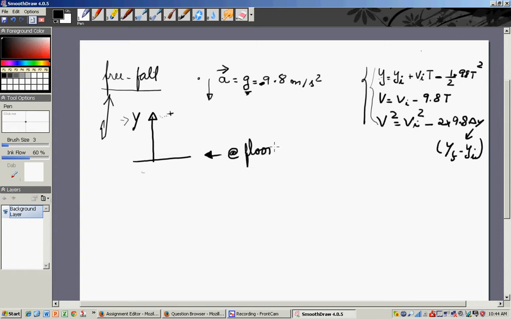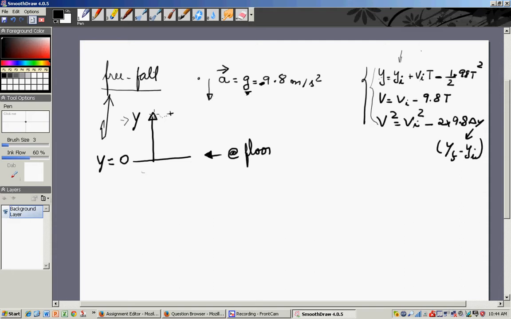So at the floor is where my y-axis is equal to 0. Meaning, if my initial position is on the floor, this y initial is going to be 0.